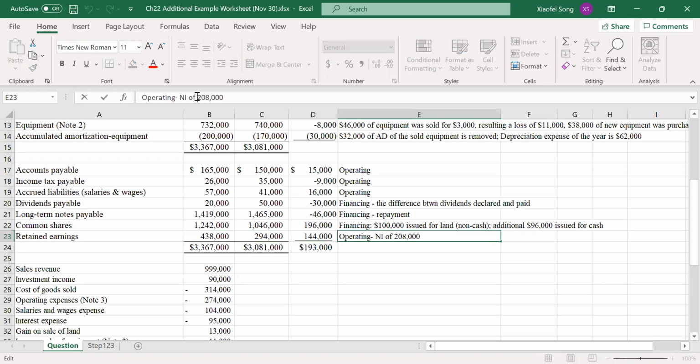However, there is an increase in retained earnings of only 144,000. So that implies, the difference, 208 minus 144, that's 64. So that means 64,000 dividends declared.